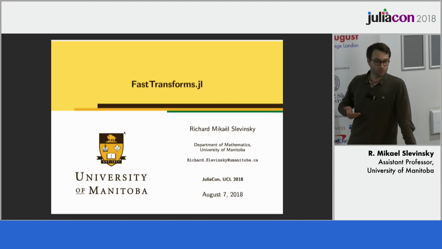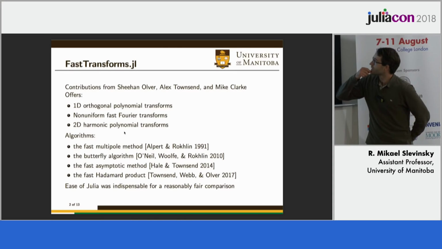Well, the first thing I'd like to do is thank contributions from Sheehan, Alex Townsend, and Michael Clark. It offers three things. One-dimensional orthogonal polynomial transforms. So the poster child would be transforming Chebyshev series to Legendre series and back. Or Jacobi more generally.